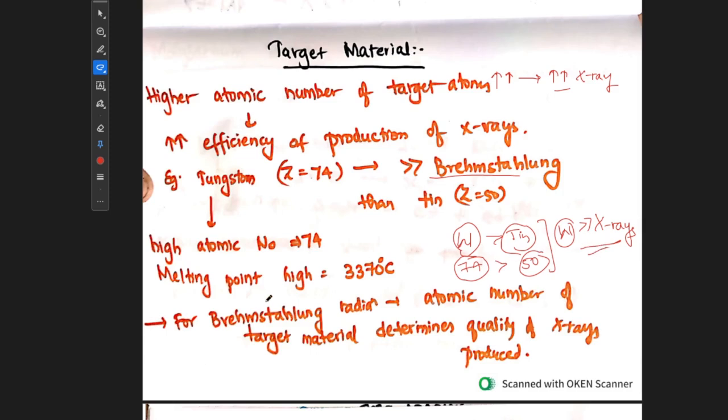So for Bremsstrahlung radiation, the atomic number of the target material determines the quality and quantity of the X-rays produced.